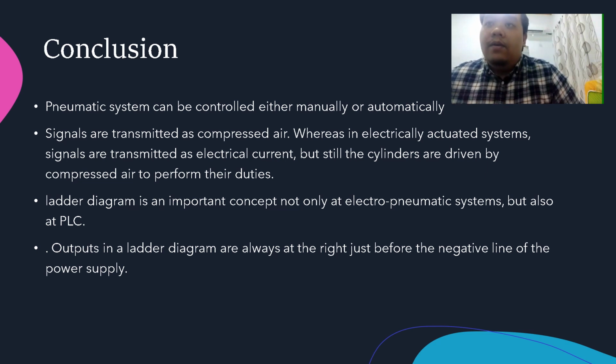Also, the ladder diagram is an important concept not only in the electro-pneumatic system but also in PLC. And lastly, the outputs in a ladder diagram are always at the right, just before the negative line of the power supply. So as a conclusion, this is our project for the MAP 201 system.